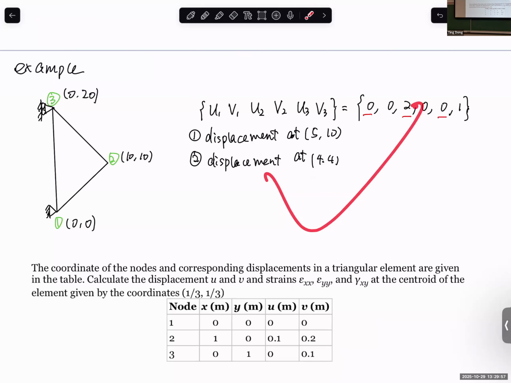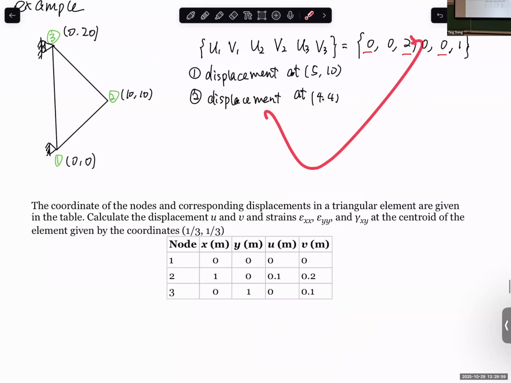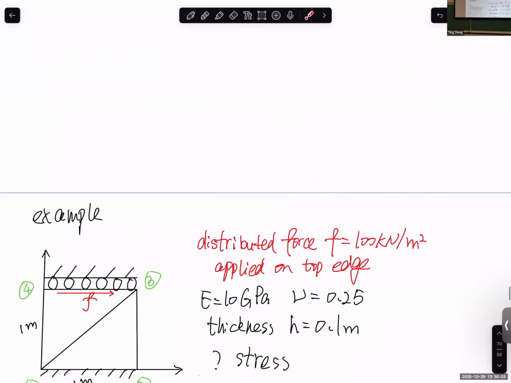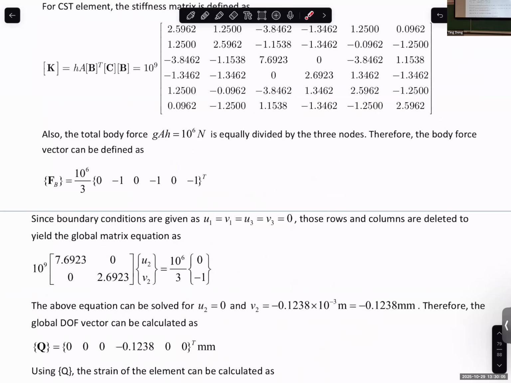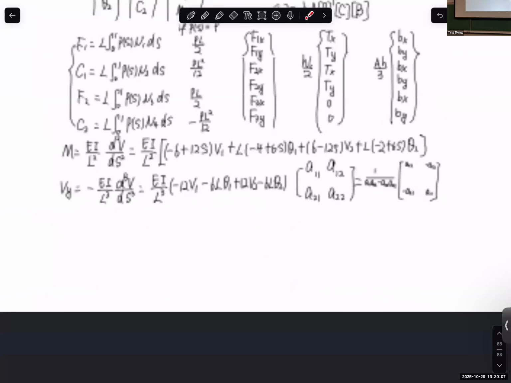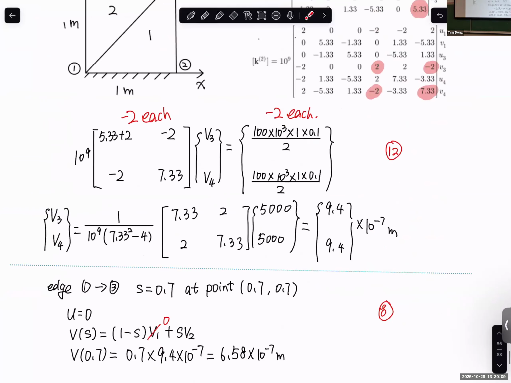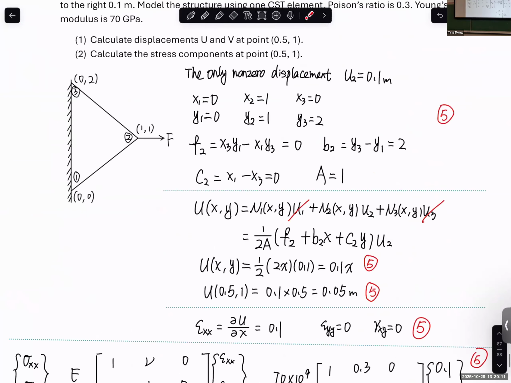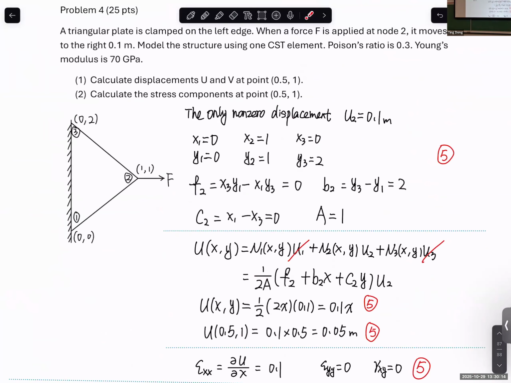This is the one we practiced in the example. This is the one in the homework, and this is our exam problem. It's the same, right?